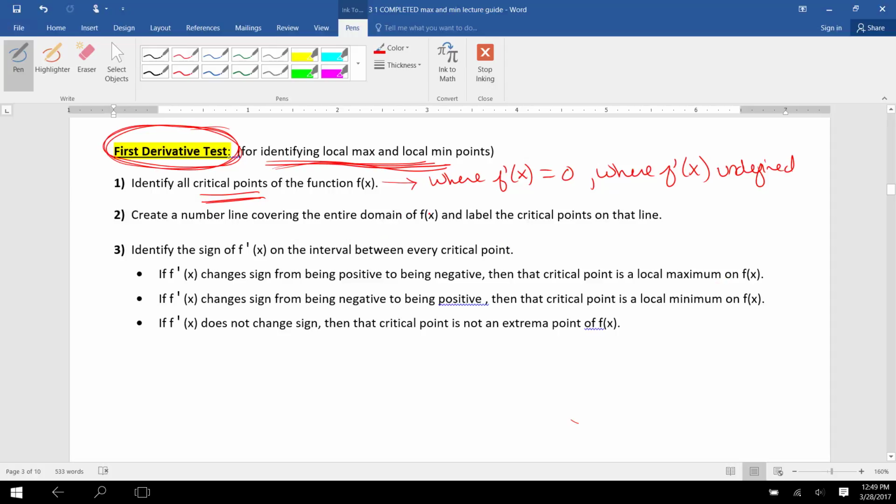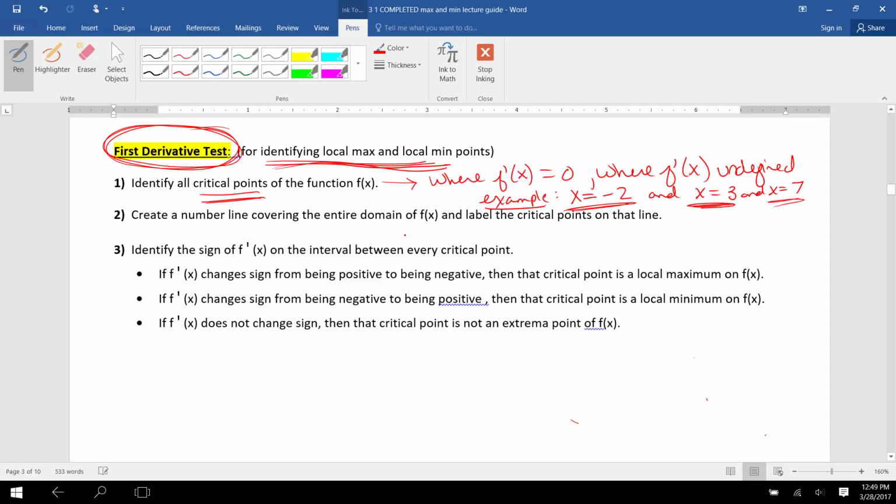So in order to explain this, let me just create a little example. Let's say up in step 1, we identified critical points, and let's say we had a critical point at x equals -2 and x equals 3 and x equals 7, right? Just as an example. Let's say those are the places where the derivative is 0 or the derivative is undefined. Those 3 critical points.